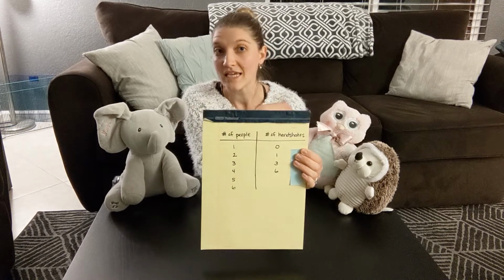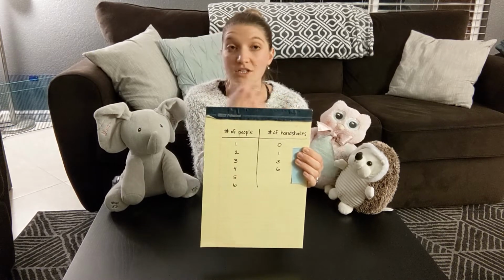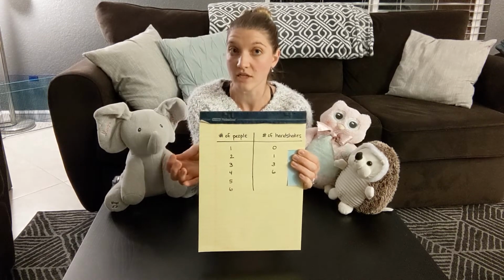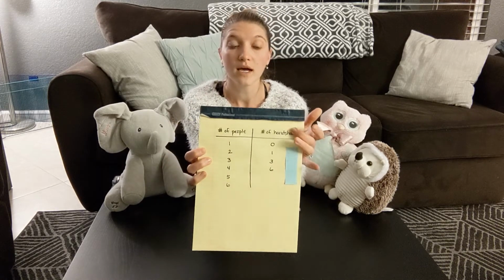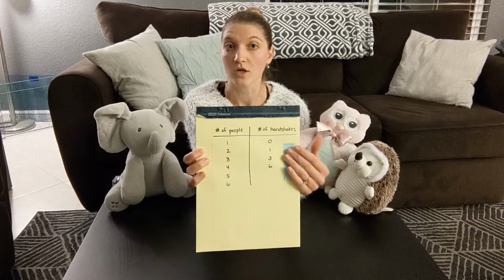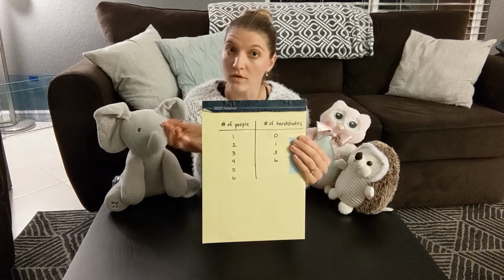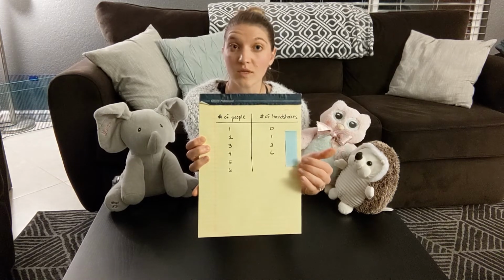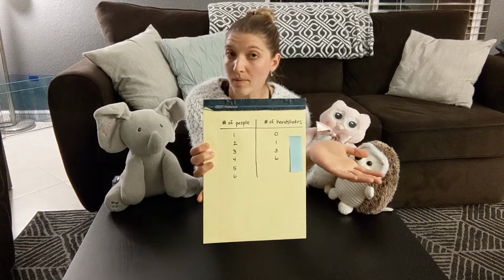Is there a way that they can predict how many handshakes will occur without actually counting each individual handshake? So knowing how many handshakes occur with 2 people or 3 people or 4 people, can they figure out how many handshakes will be with 5 people or 6 people?